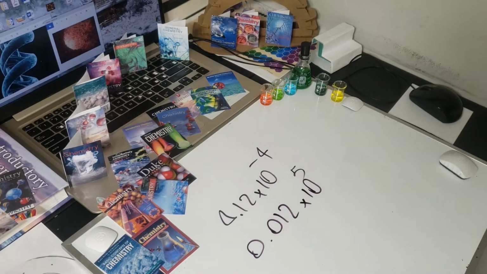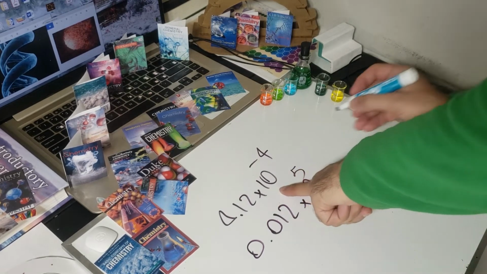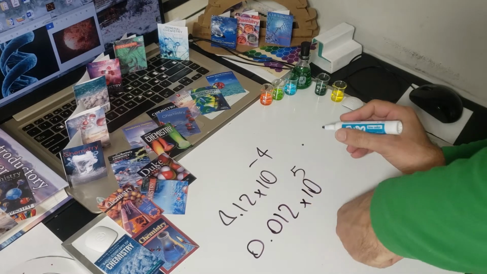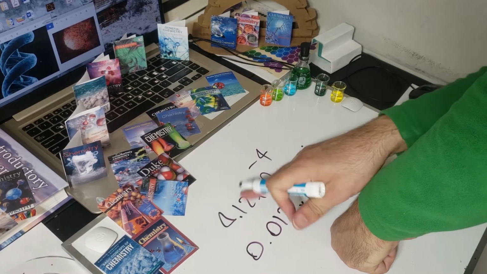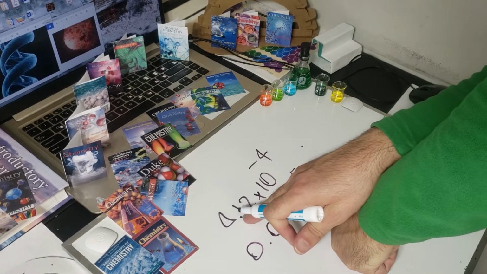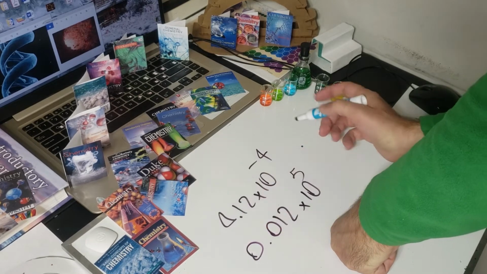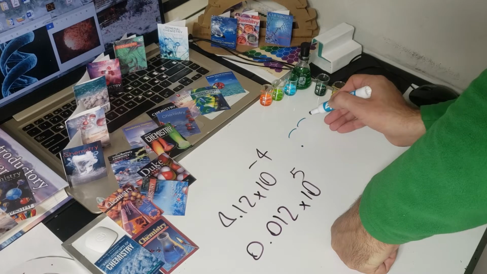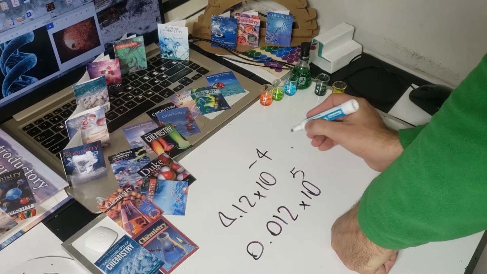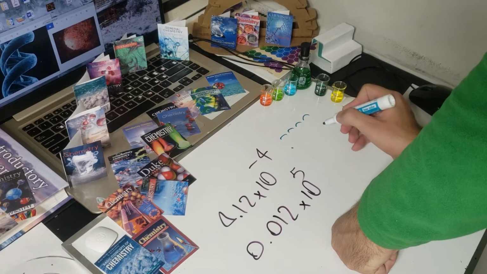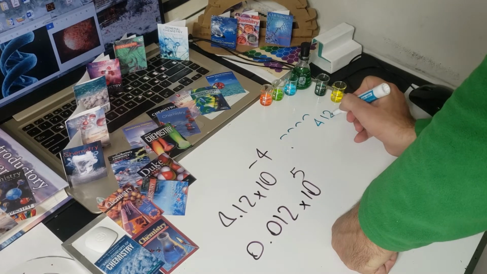If you want to write down these two numbers in numerical form, I just count down. This is a very small number, so that's my decimal place, and I have to count down until the fourth place, and then I start with 4 because that's the first number after the decimal. So 1, 2, 3, 4, and that's my 412.